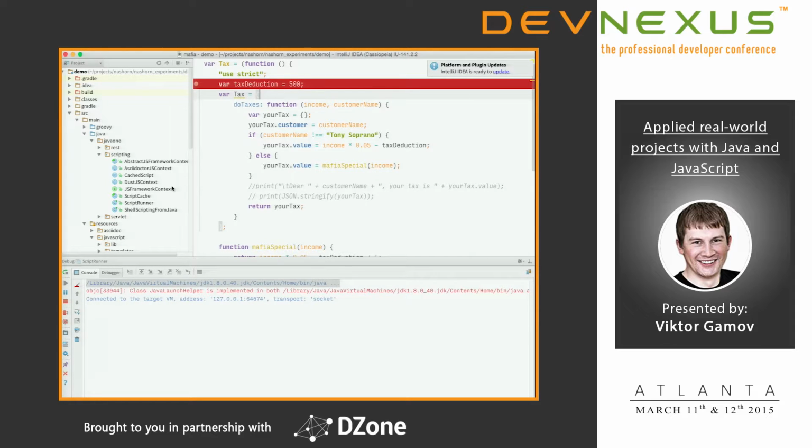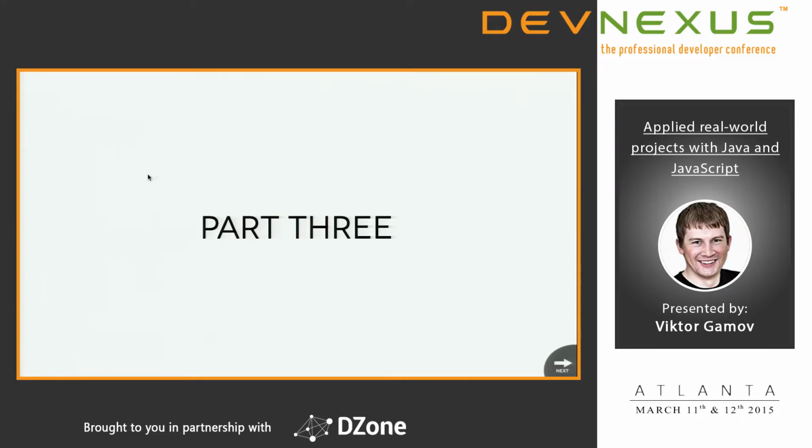It's actually a pretty full thing. And in terms of monitoring, all the tools that are available to you right now can be used with JavaScript that's running in the context of Java. Any other questions about Nashorn?